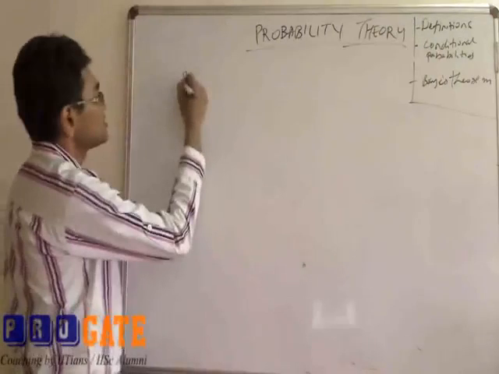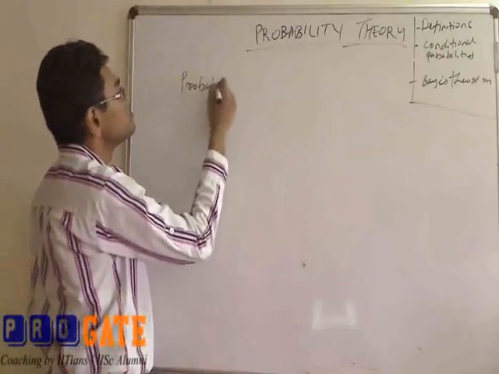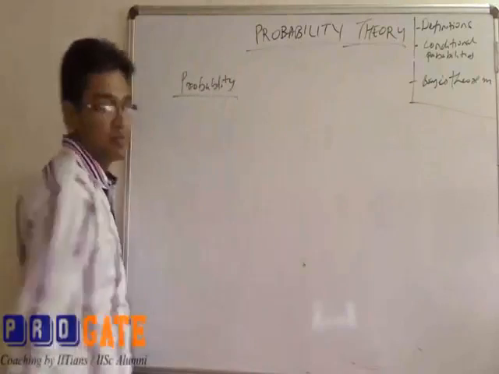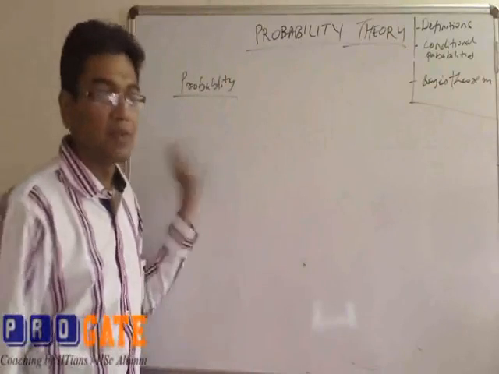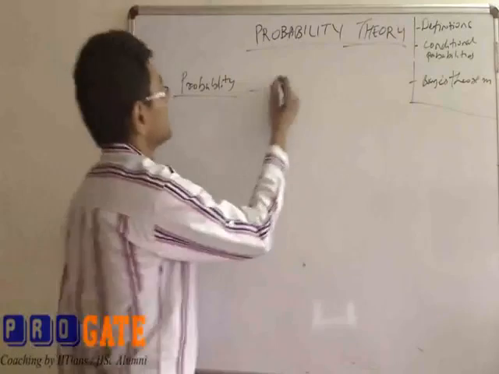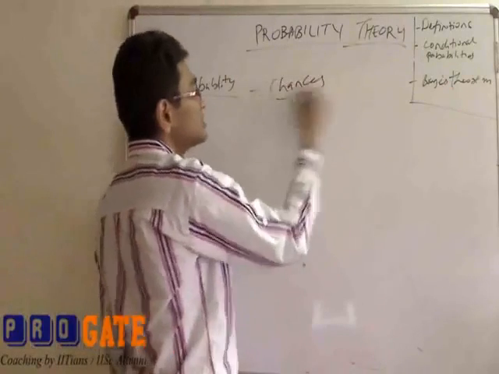So first of all, let us see what probability means. Most of you, as you must be knowing, or just guessing from the word, the simple English meaning of probability is chances. So what is probability? It is just a chance.